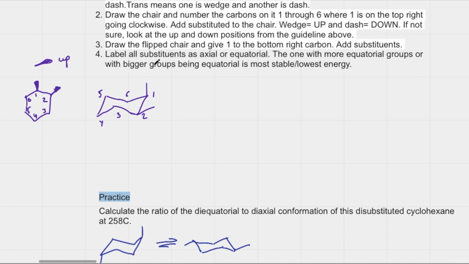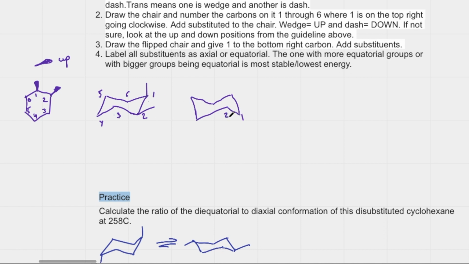Now I have to go ahead and draw the flip chair. So for the flip chair, I draw 2 parallel lines again. Another 2 parallel lines overlapping. And I finish my chair. Then it's very important for me to number this as 1. So here, my carbon here was 1.